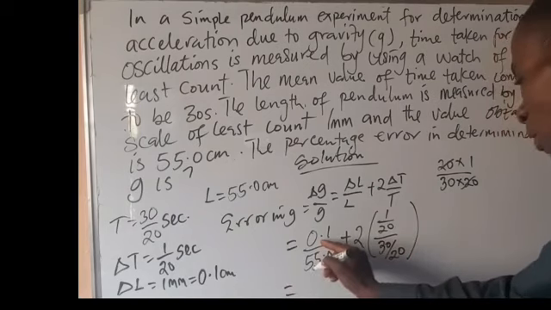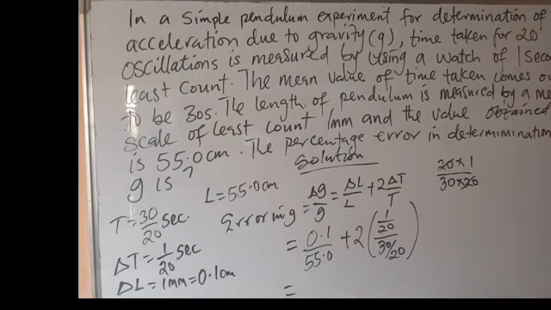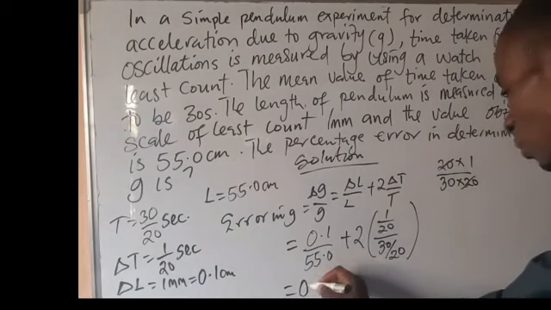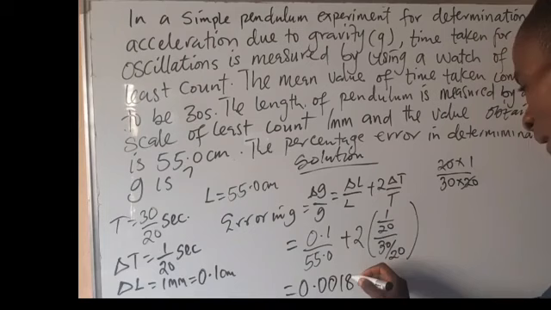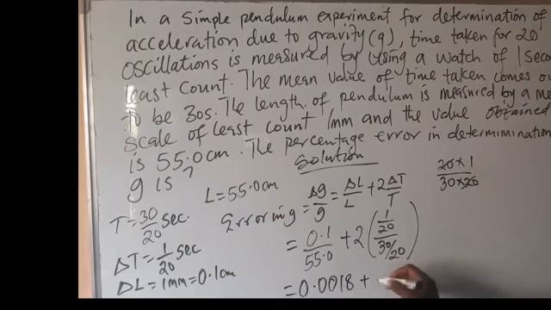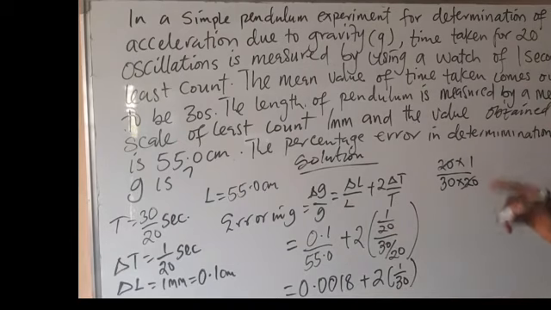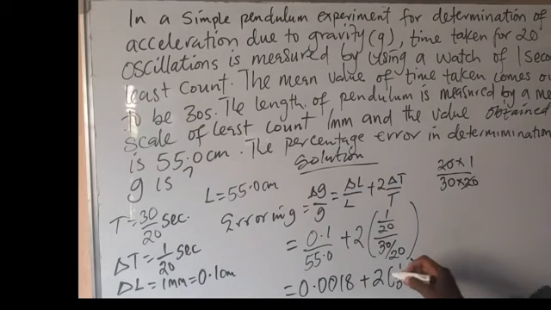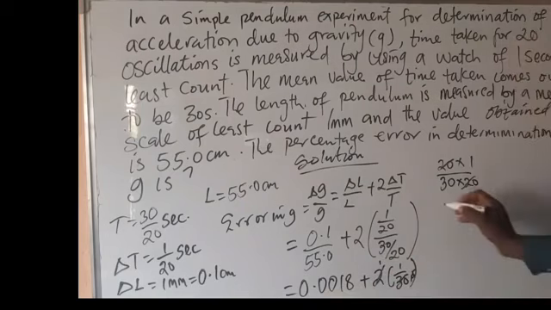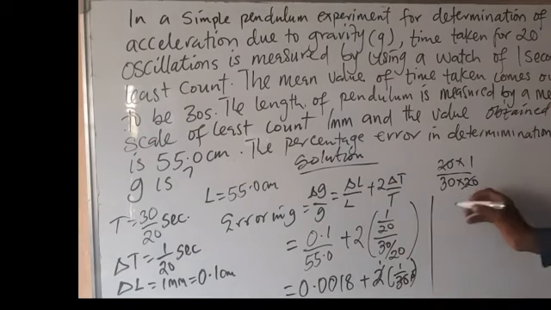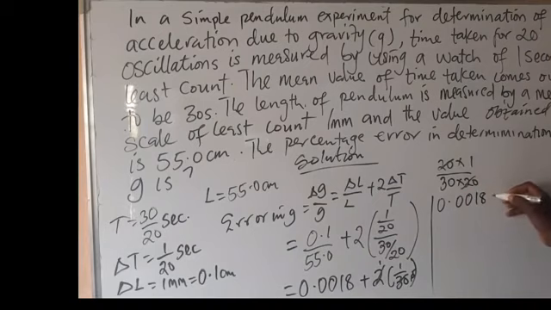So the whole of this will become 0.1 divided by 55, which is 0.0018, plus 2 into 1 over 30, because the whole of this is the same thing as 1 over 30. So 2 over 30 is 1 over 15. We have 0.0018 plus 1 over 15.